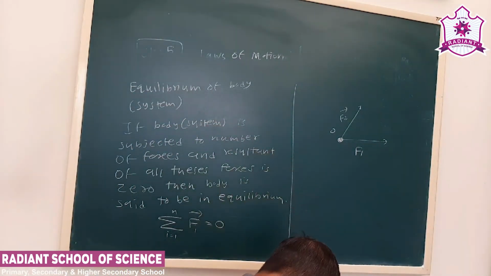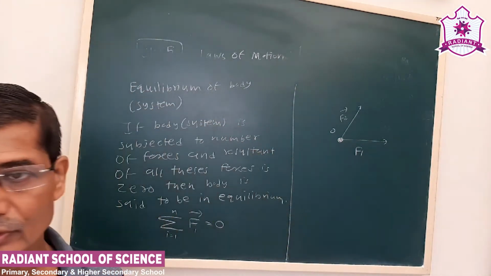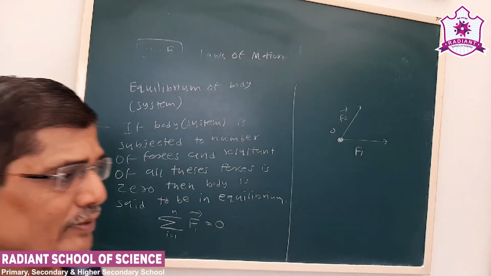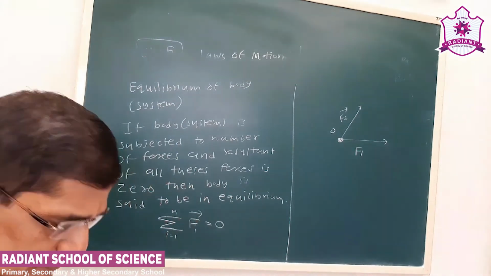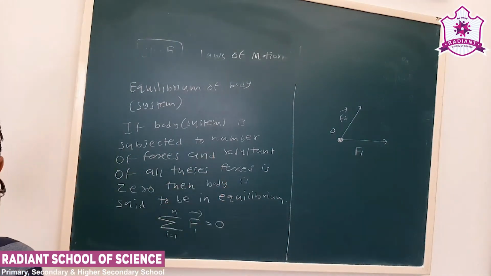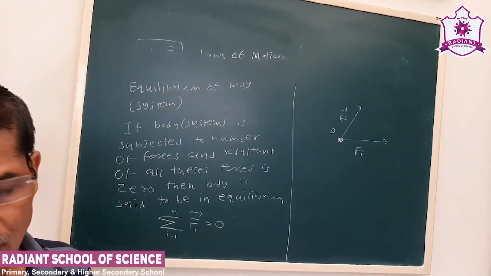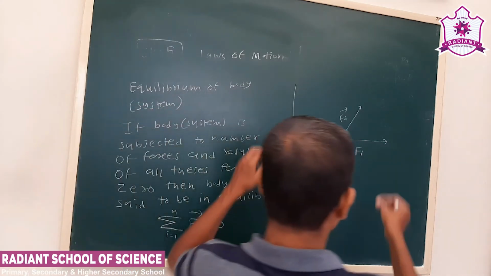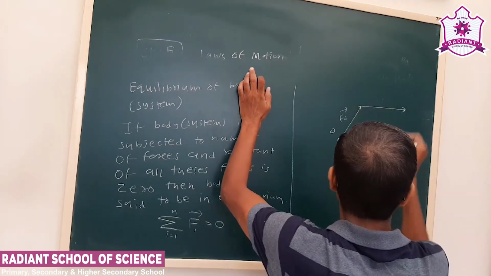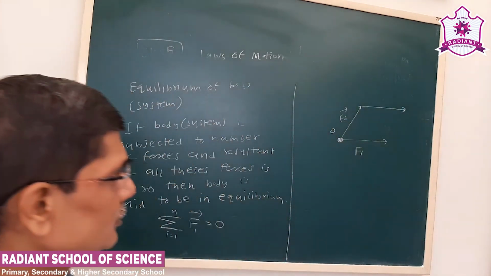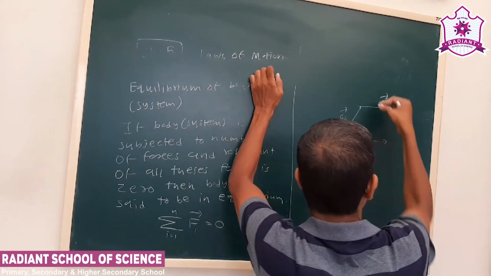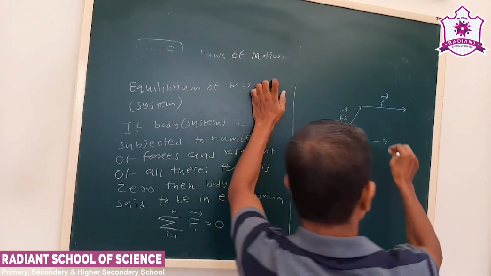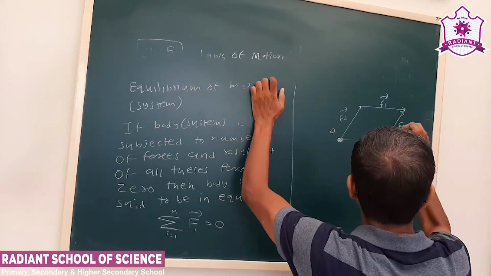As I told earlier, when more than one force acts on a body, we have to find the resultant. We have seen a number of methods for solving vectors, and one of them we can use quickly here is the parallelogram method. Let us find the resultant of these two forces. Here is F1, and I draw F1 parallel to F1 and F2 parallel to F2.